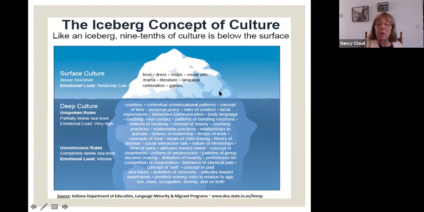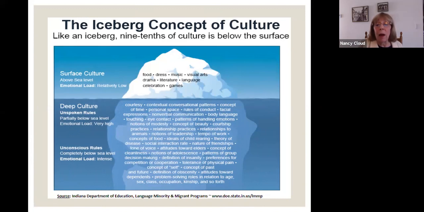But below the surface are very important things like attitudes towards elders, how that happens in one culture versus how it happens in another. Or maybe how the character solves problems. Maybe the way that happens in English is different than the way that problem solving would happen in another cultural context.